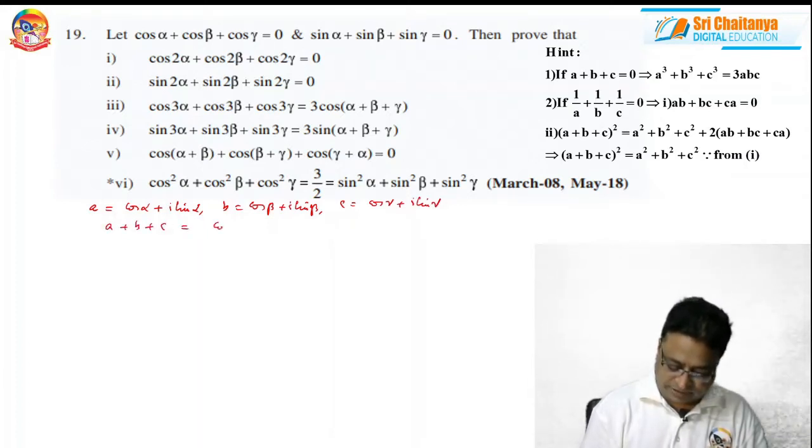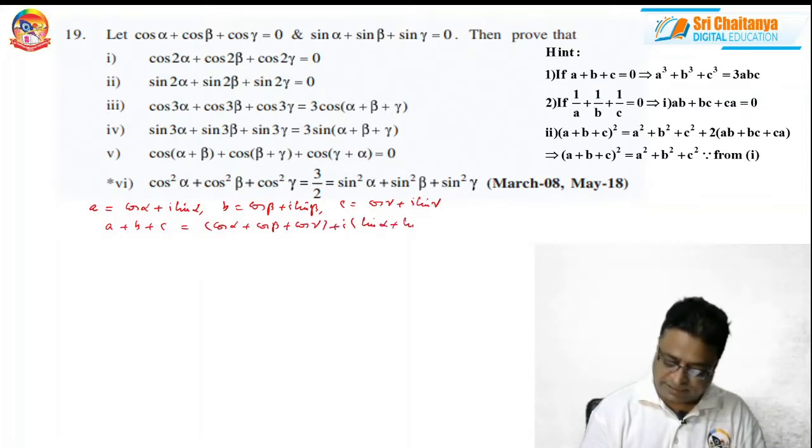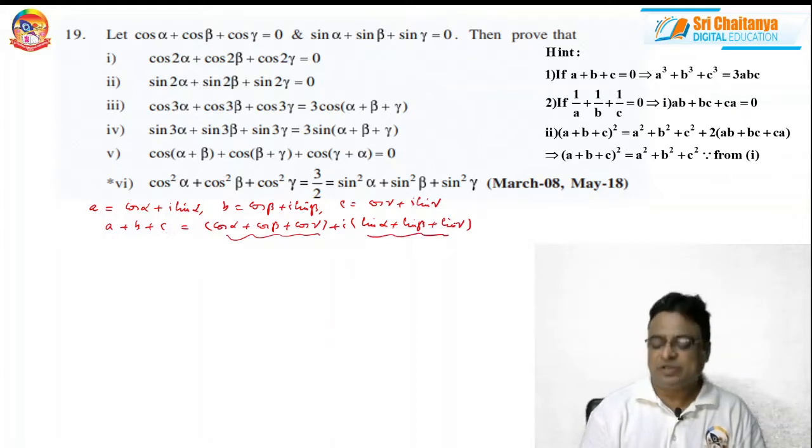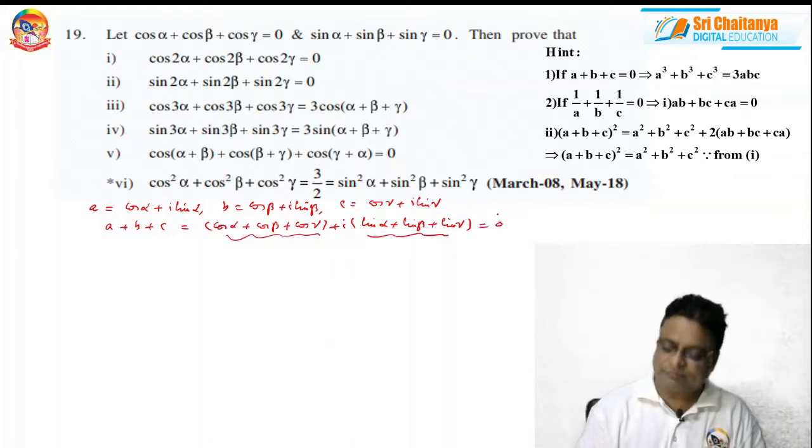That is cos alpha plus cos beta plus cos gamma, plus i into sin alpha plus sin beta plus sin gamma. But this is 0 and this is 0. So automatically this is 0.